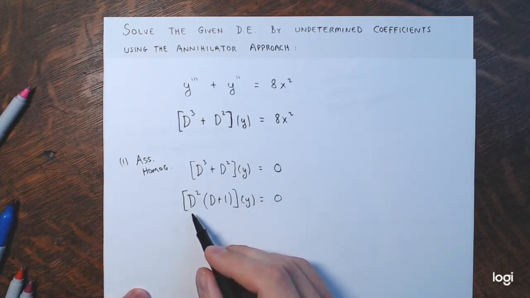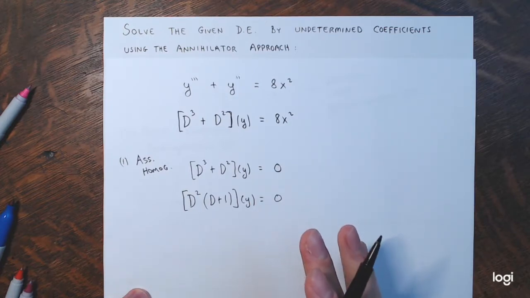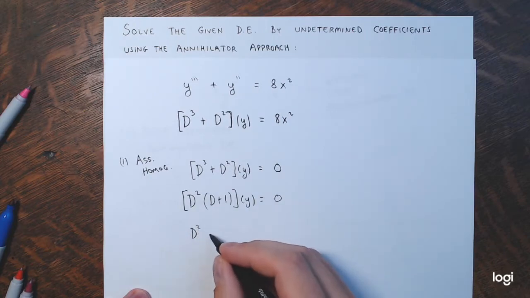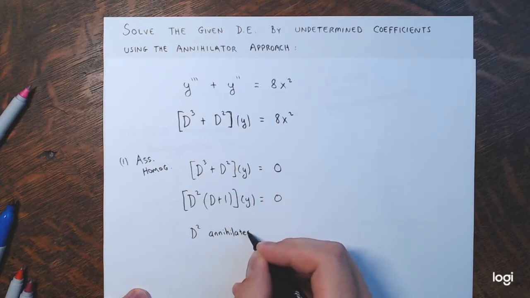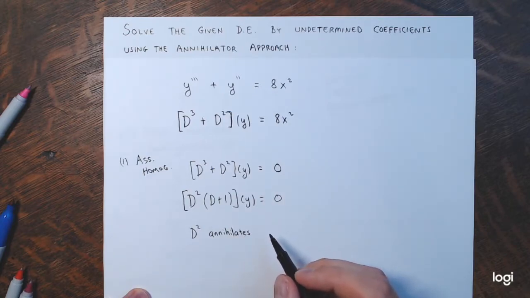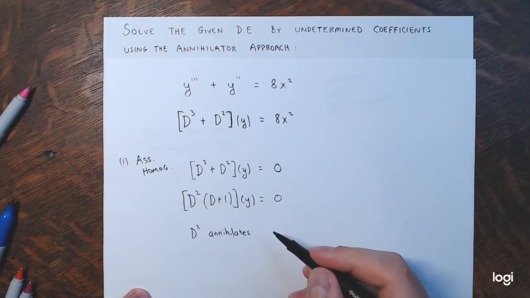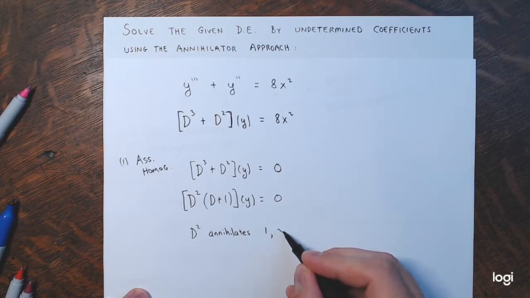And again, hopefully from other reading you're doing or a previous video of mine on annihilators, D squared annihilates constants and x.